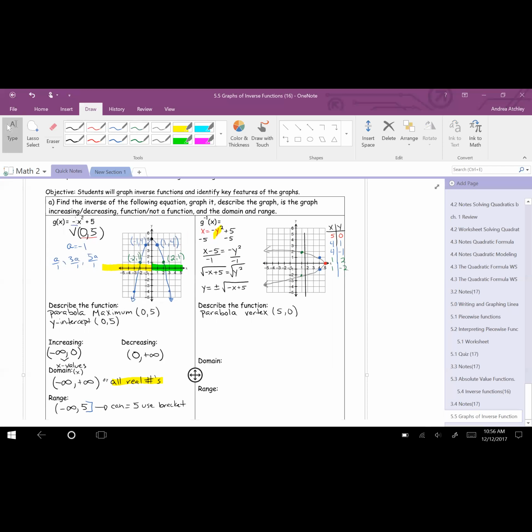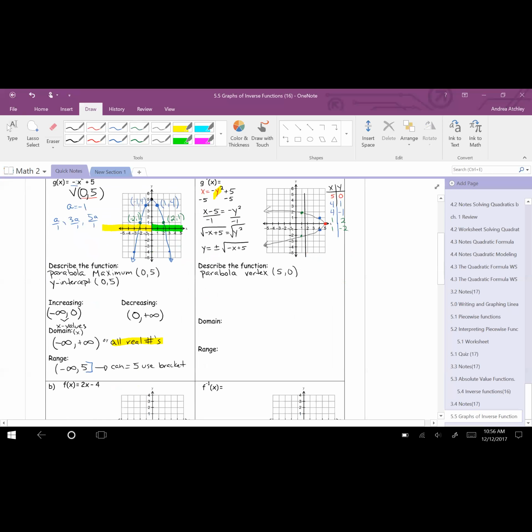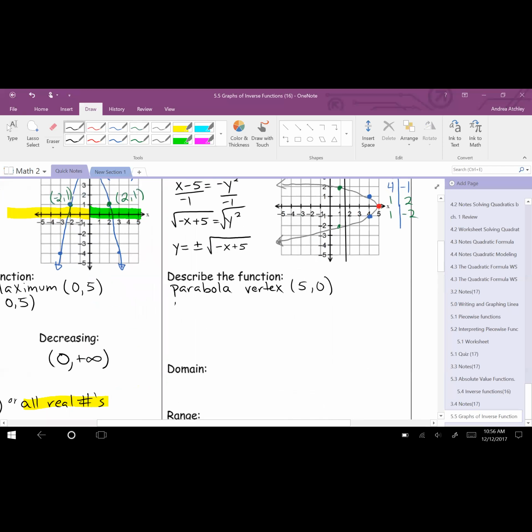And in this case, when x is 4, y is 1 and -1. So this is not a function. So we also talked about whenever we have a plus or minus the square root, that would not be a function. Plus or minus the square root means it's not a function. So you don't have to even graph that to know. Okay. Any questions?